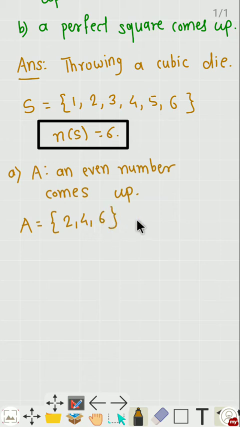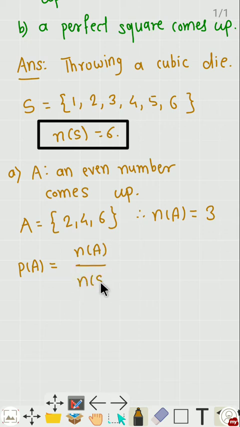Therefore, the number of outcomes in this event is 3, and the probability of event A is n of A divided by n of S, which is 3 by 6, equal to 1 by 2. So the probability of event A is 1 by 2.